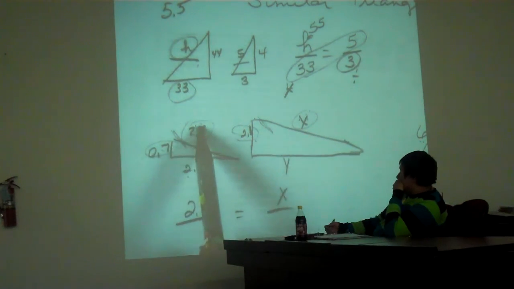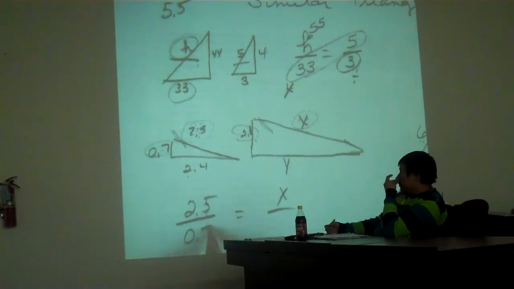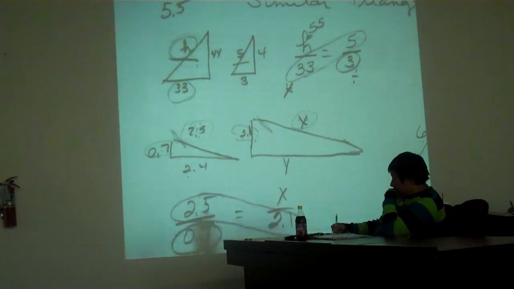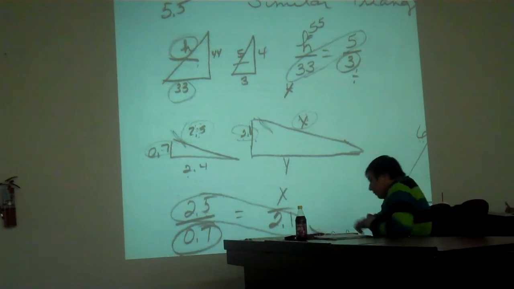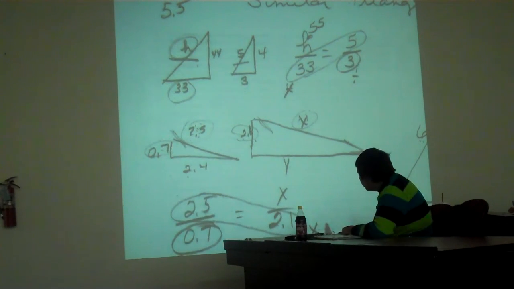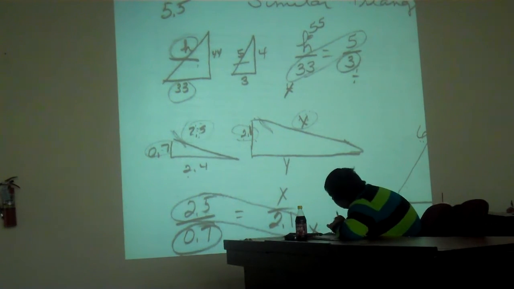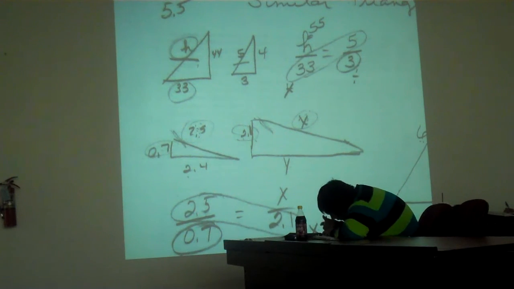Okay? So if that's on top, this on bottom. We have x on top, we'll have 2.1 on bottom. Multiply those two and divide by 0.7. You should end up with 7.5. Okay? After you multiply that and then divide that.